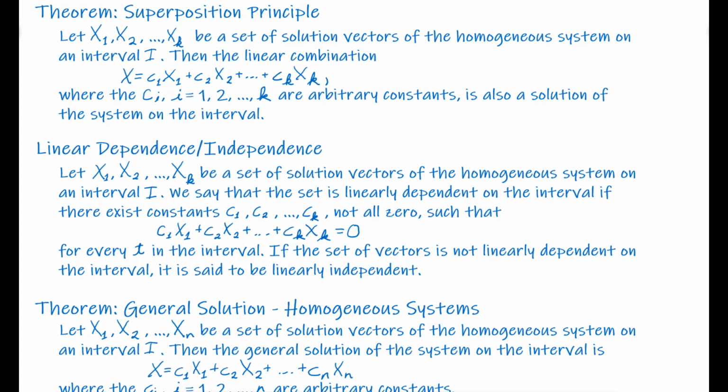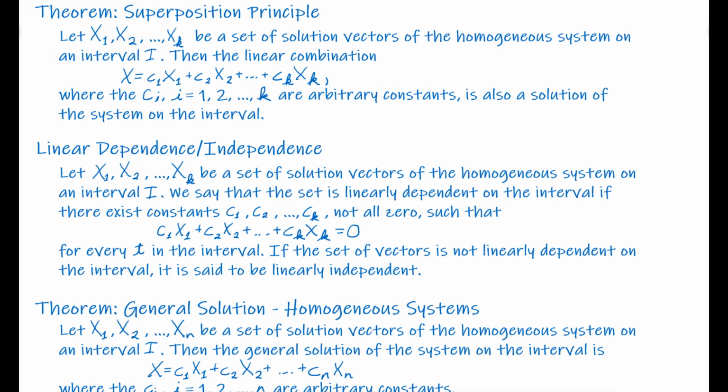To check for linear independence and dependence, you can use the Wronskian the same way that you did for higher order differential equations. So nothing has changed with that definition or being able to check for it except for the type of solutions that we're dealing with. When you're taking the Wronskian, you're basically going to build up a matrix. This time, instead of taking the different derivatives going down your columns, you're going to put all of these column matrices together into a single matrix.